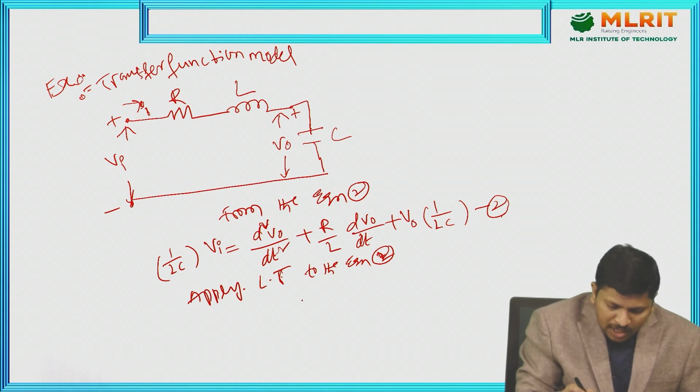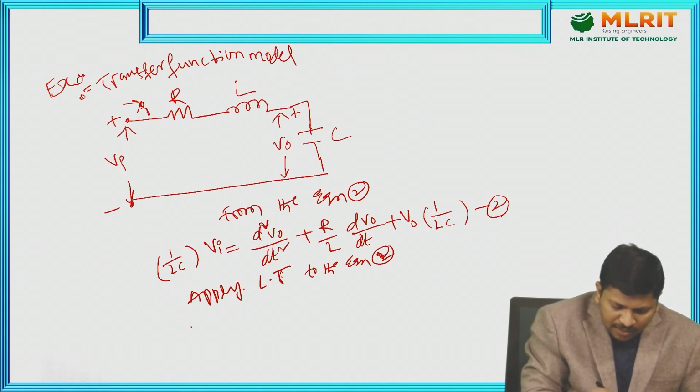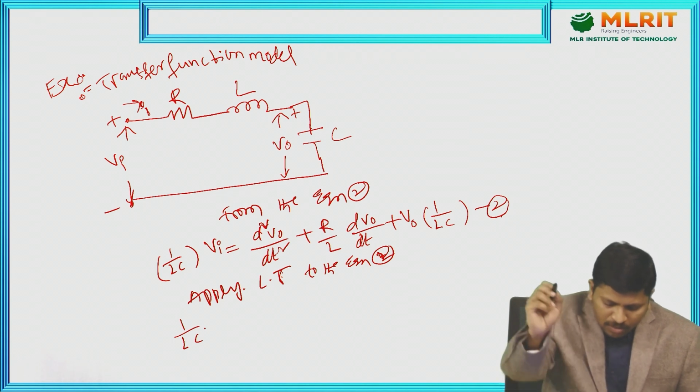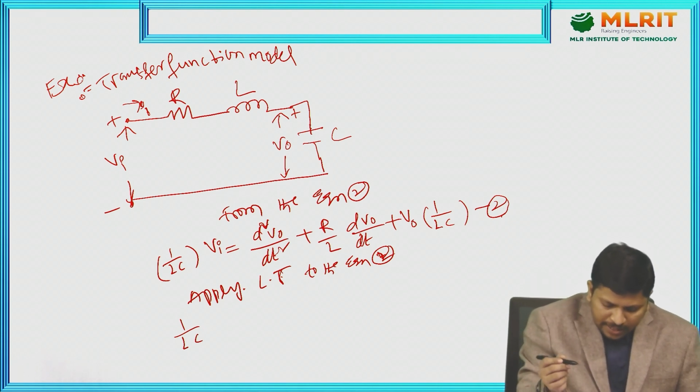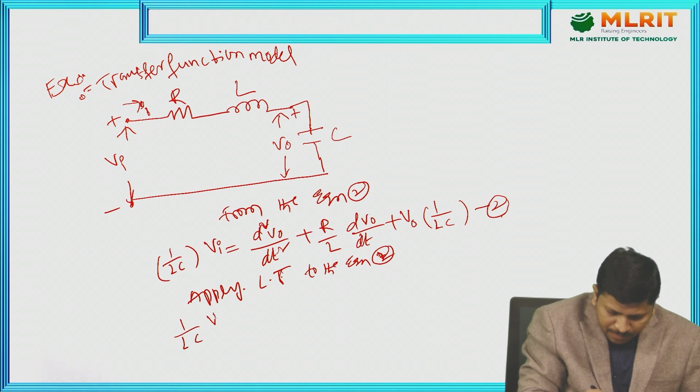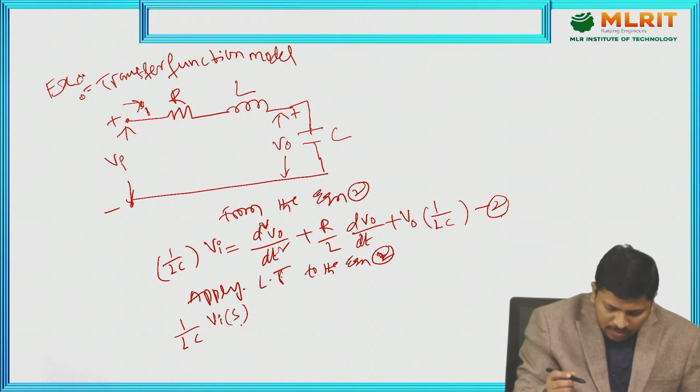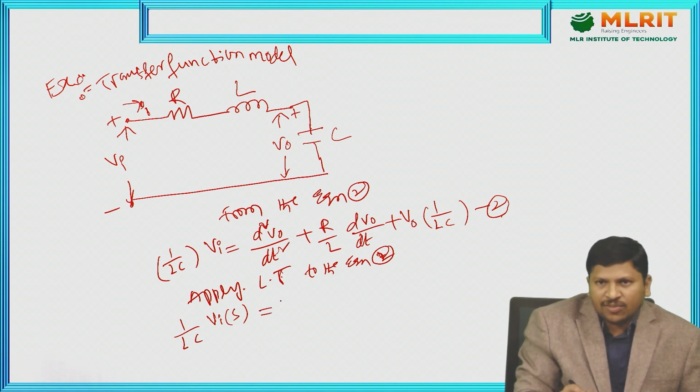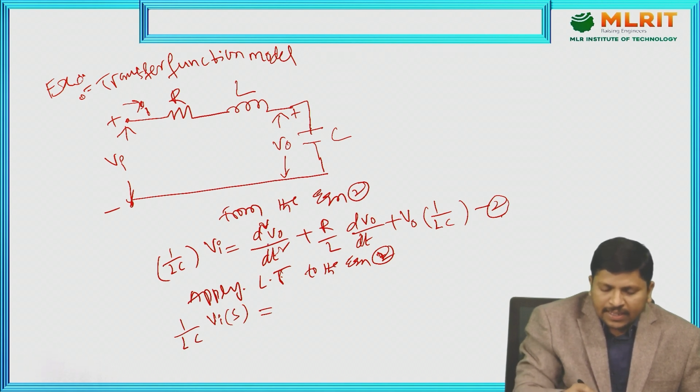By applying the Laplace transform, we will get 1 by LC into Vi of S. The transfer function model is always in the form of S domain. Write 1 by L into Vi of S equals d square by dt square, the second order. So second order differential equation means S square.